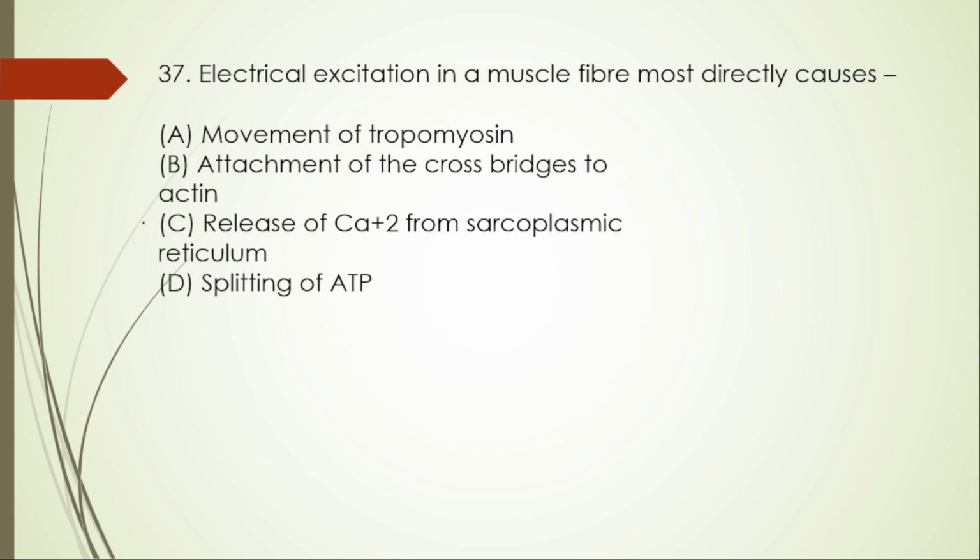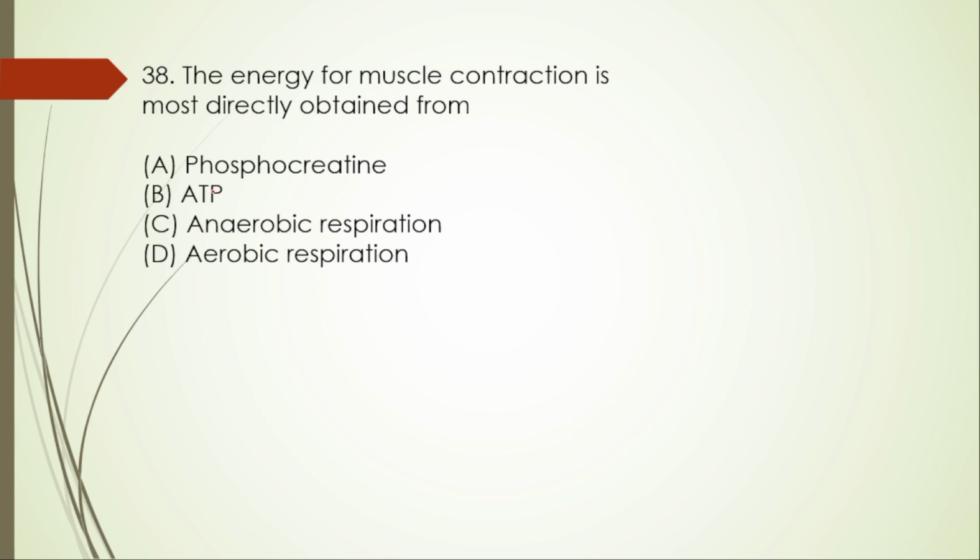Here the right option is option C. Next one, that is the 38th one. The energy of muscle contraction is most directly obtained from A. phosphocreatine, B. ATP, C. anaerobic respiration, D. aerobic respiration. So here the right option is B, that is ATP, adenosine triphosphate.